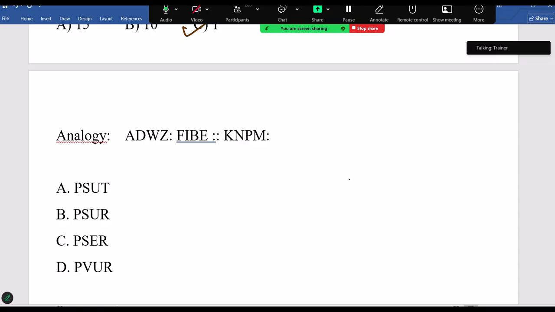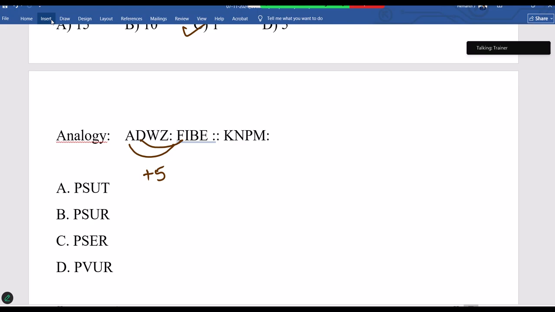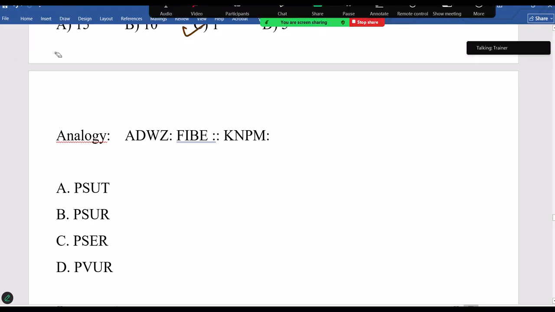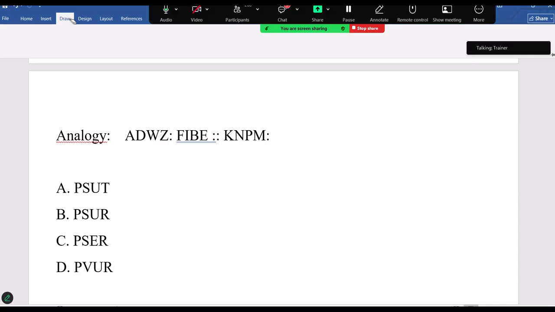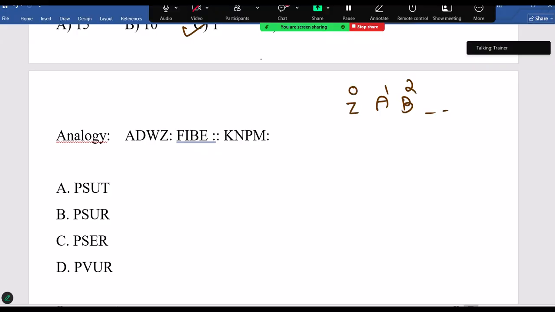A to F is plus 5. D to I also plus 5. W to B, yeah, everything plus 5 only. Z can be taken as 0. Z can be 26, Z can be 0 also. For information, A1, B2, before Z can be taken as 0. Keep going, Z can be 26 also.